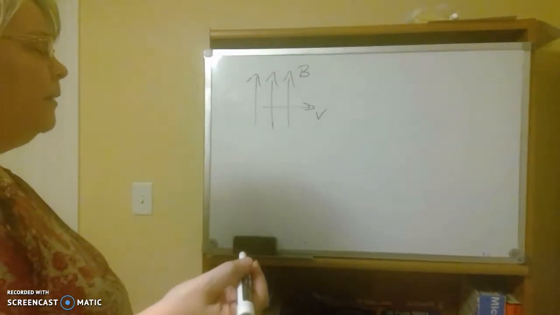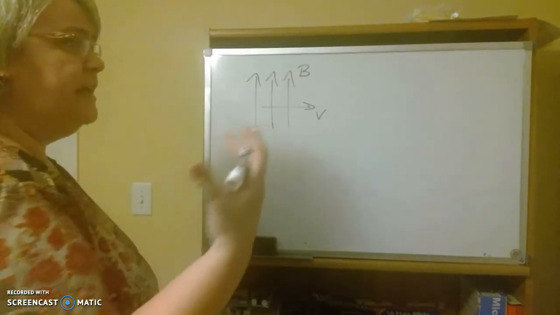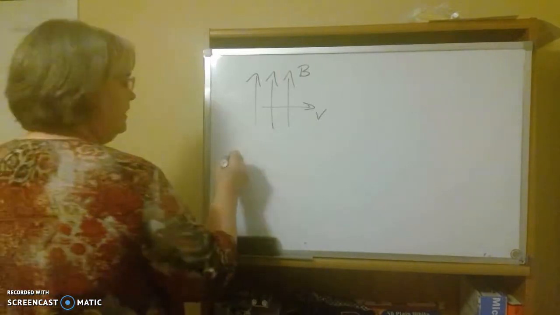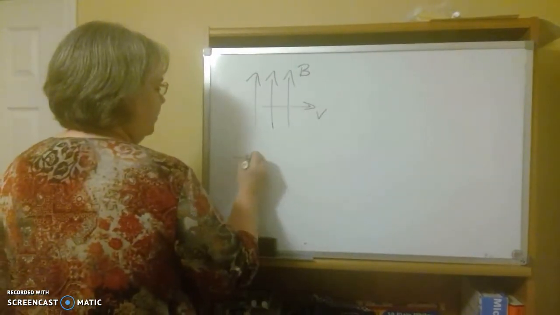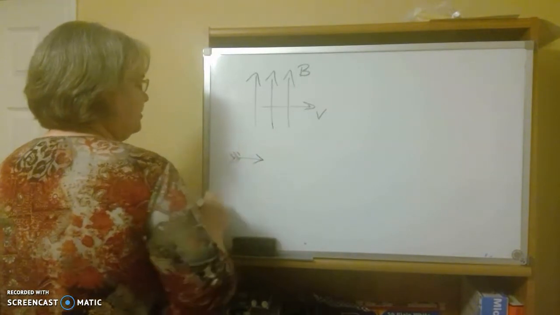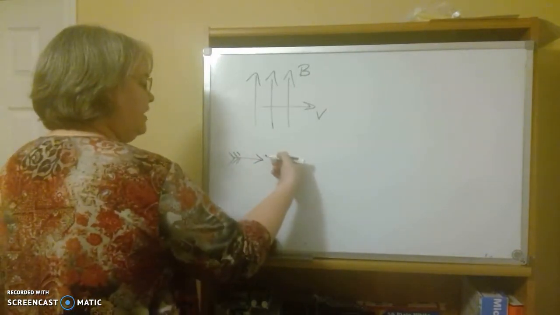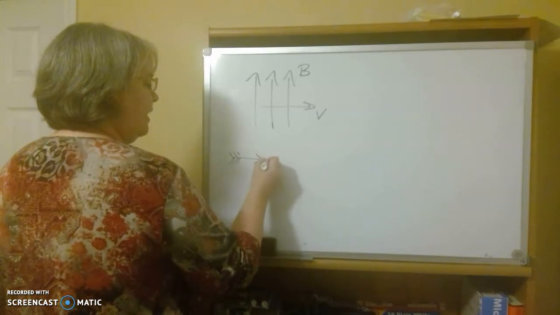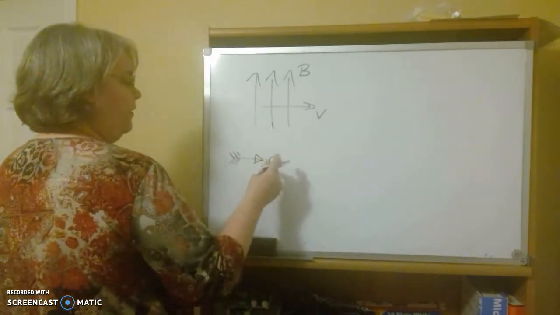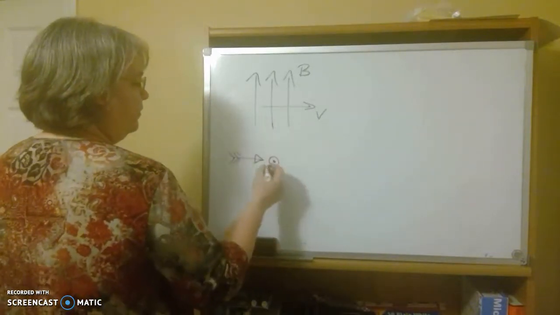For denoting directions into and out of the board, I'm going to use kind of the arrow mentality. If you think about Robin Hood and his merry men, and you have fletched arrows, right? If I look at this end, I'm going to see the point of the arrow as it spreads out, right?